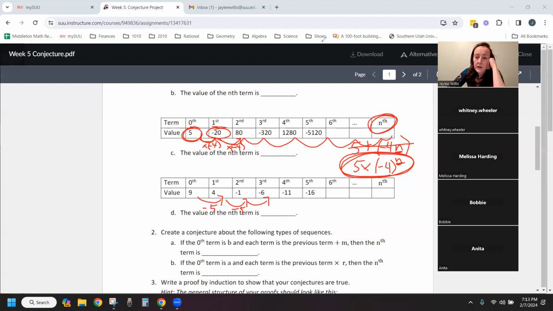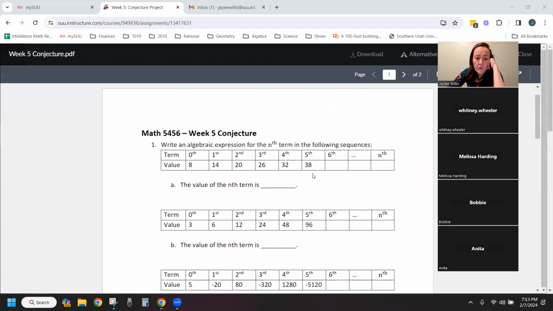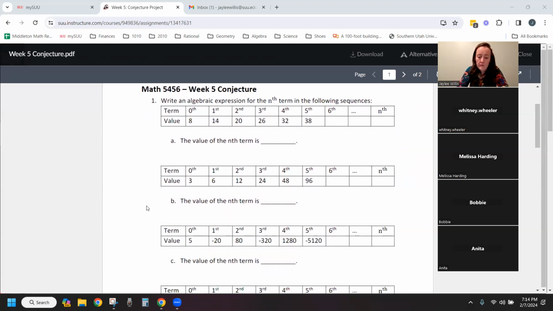Okay. Awesome. So just so that it's all fresh in our minds, I want to go back and recap our formulas for all of these. So the first one, I believe we had 8 plus 6n, because you're starting at 8 and repeatedly adding 6, and you're doing that n number of times. So that repeated addition is where the 6 times n comes from. And then the second one, we have 3 times, what were we multiplying by here? I think it was 2, right?